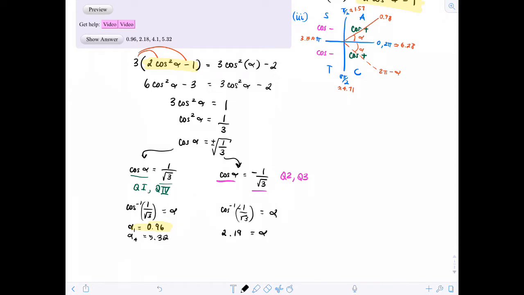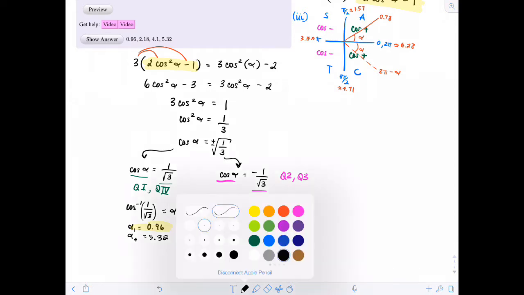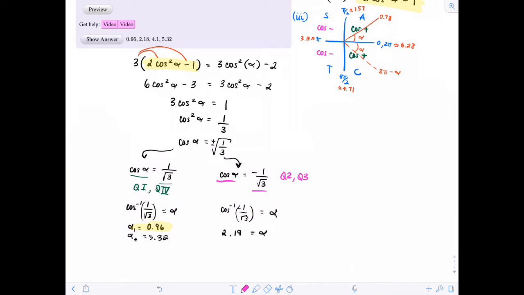And 2.19, if we go back up here, we can see that this is in the second quadrant. But that's this whole alpha, right? So this would be alpha sub 2.